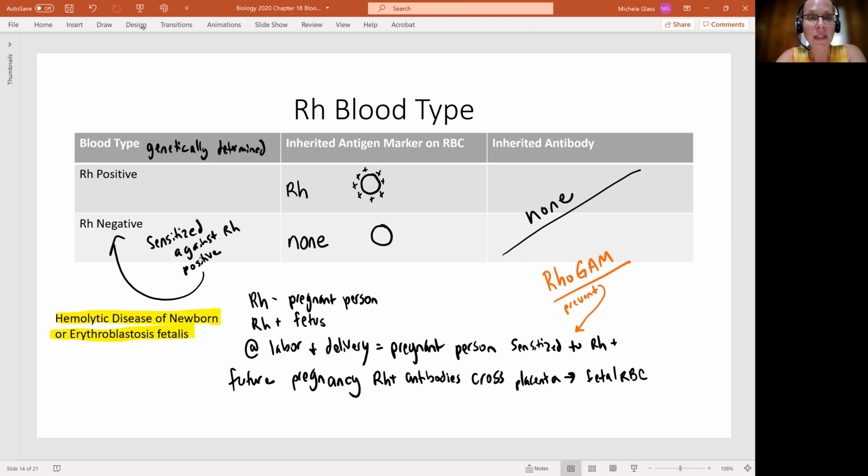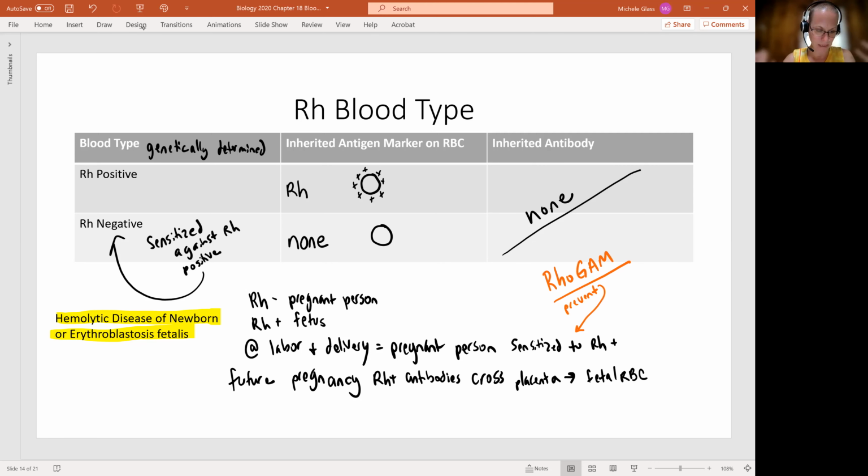So what it will do is it's actually synthetic antibodies. And so it will find those Rh positive cells and target them and you'll remove them before the pregnant person has a chance to be sensitized. So the pregnant person doesn't ever mount an immune response and develop memory to these cells. Instead, you use this synthetic antibody to do all that work.